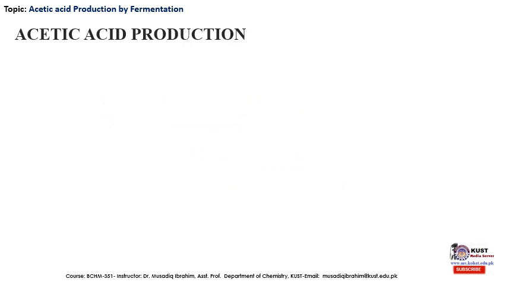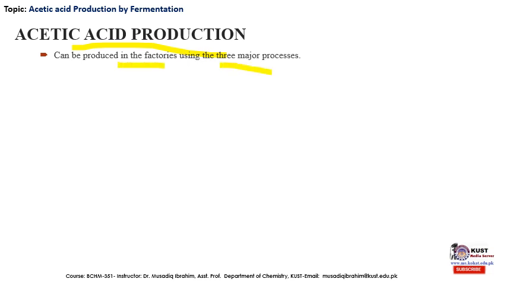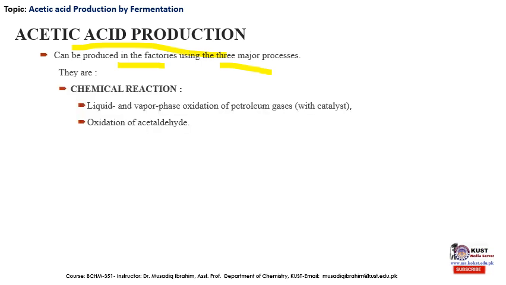Now the acetic acid production. It can be produced in factories by using three major methods. The first is the chemical reaction, in which liquid and vapor phase oxidation of petroleum gases takes place along with a catalyst, as well as the oxidation of acetaldehyde, which also produces acetic acid.